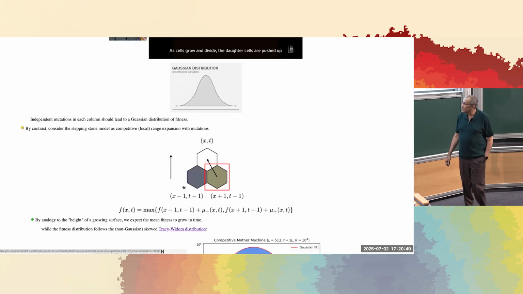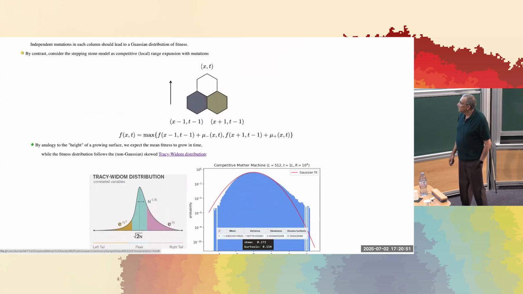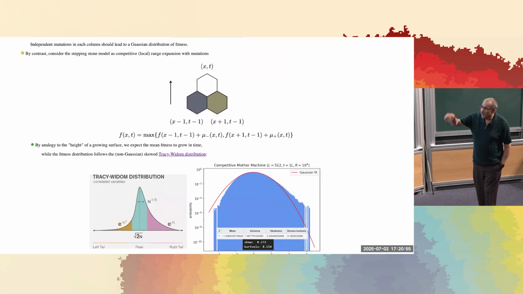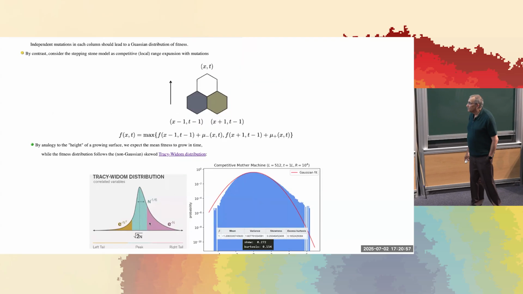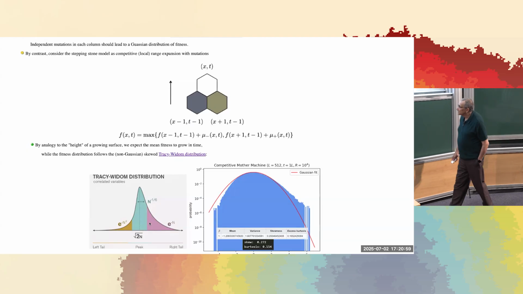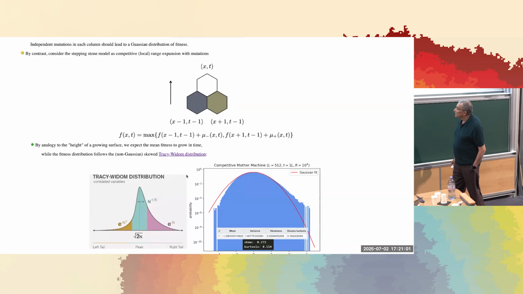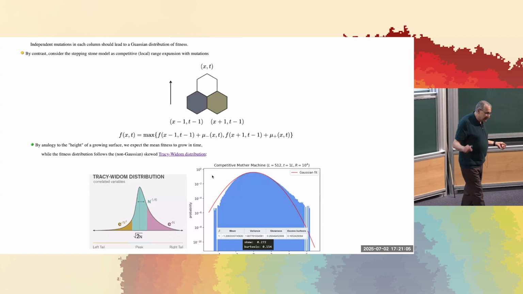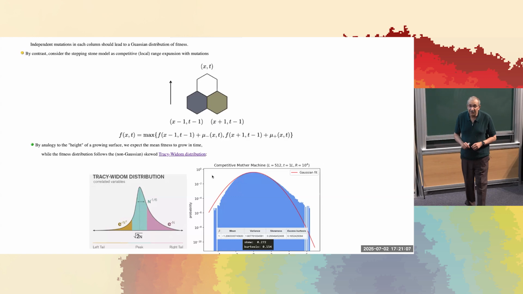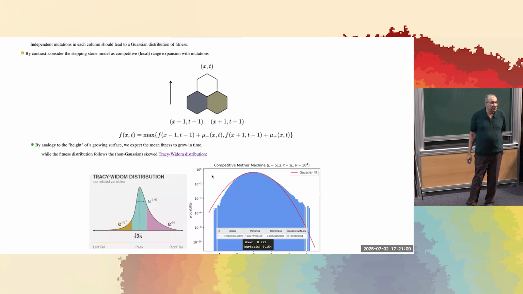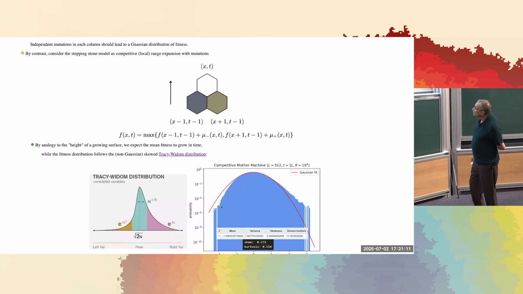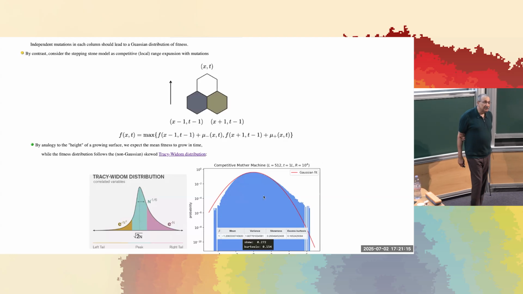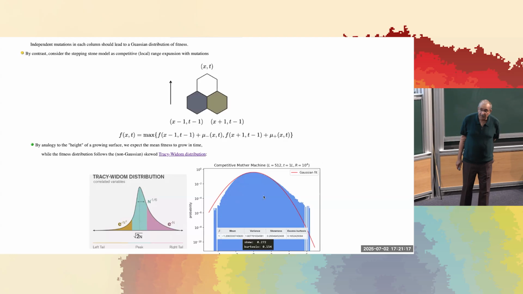Since we learned that the distribution of the height of the interface is governed by the Tracy-Widom universality class, I would expect that if I look at the experiment that I showed you at the beginning and measure the fitnesses of all of the individuals at the top, the distribution would not be Gaussian, it would be Tracy-Widom.